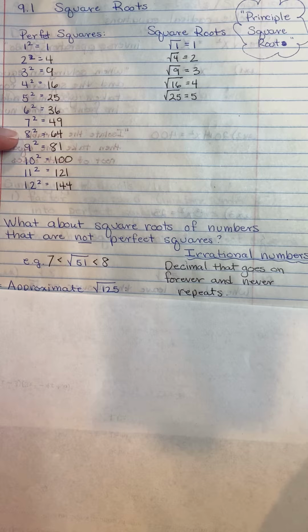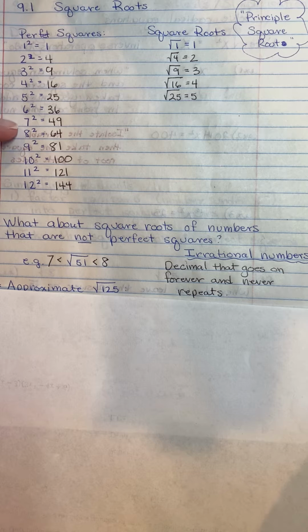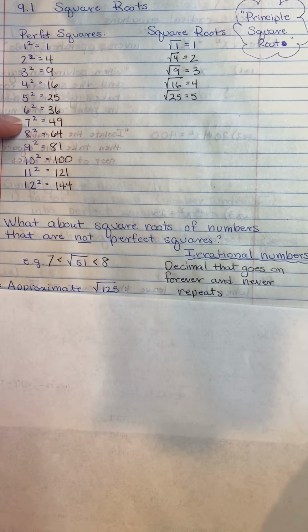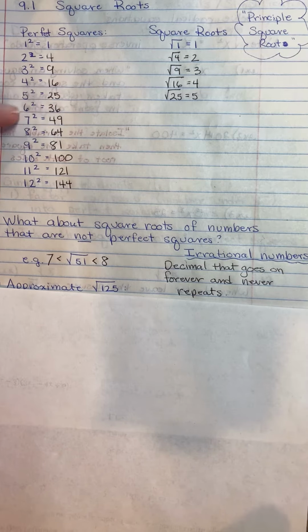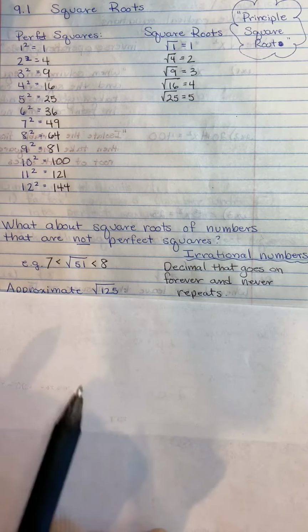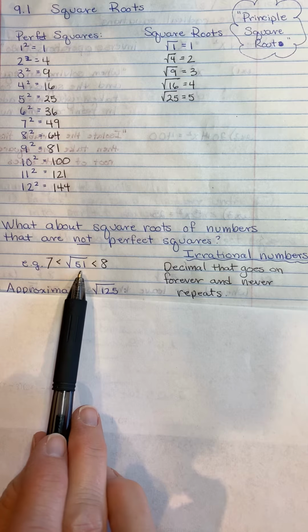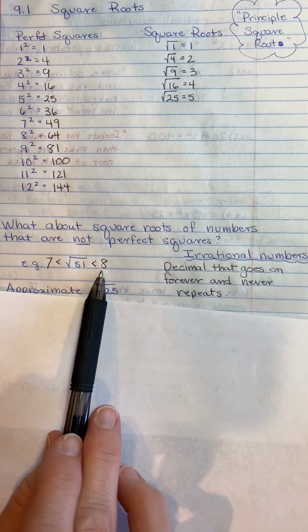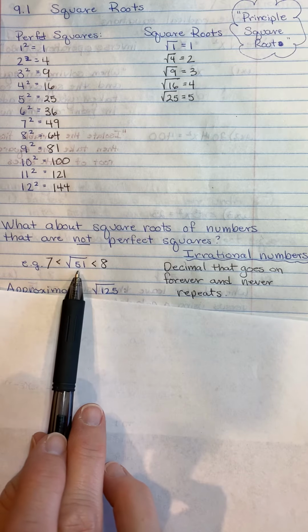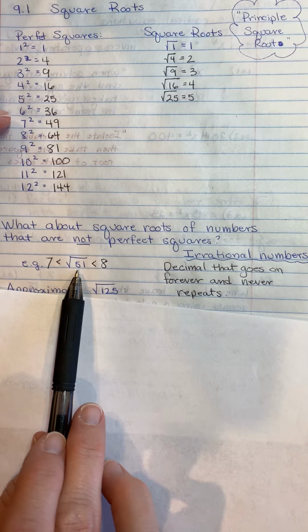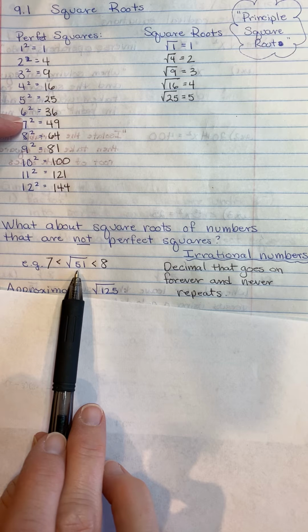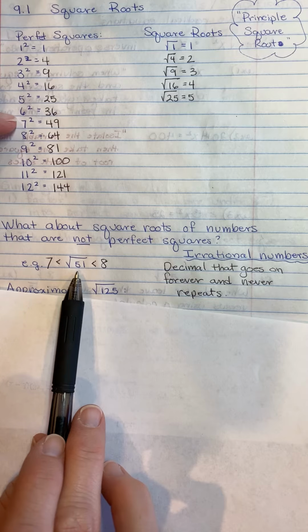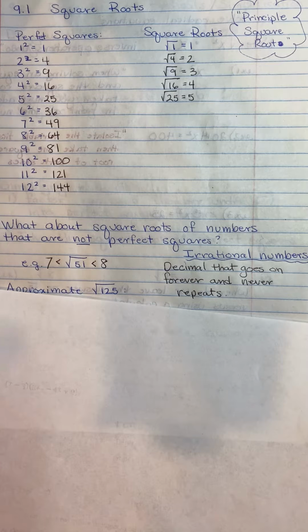The square root of 51 is going to be between 7 and 8 because 7 squared is 49 and 8 squared is 64. And in fact, you should be able to tell me, using some logic, is this number closer to 7 or closer to 8? What do you think? Well, 51 is closer to 49, so therefore the square root of 51 would be closer to 7 than it is to 8.